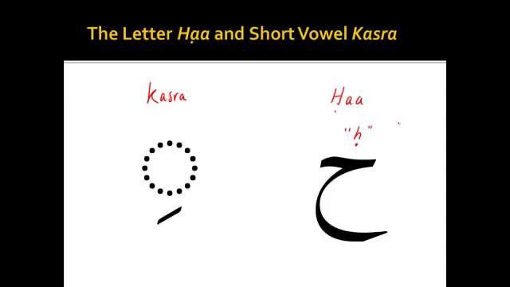Now the ha is pronounced by first constricting the throat muscles. That's first. Second is blowing air through the windpipe. So it has a clear sound.